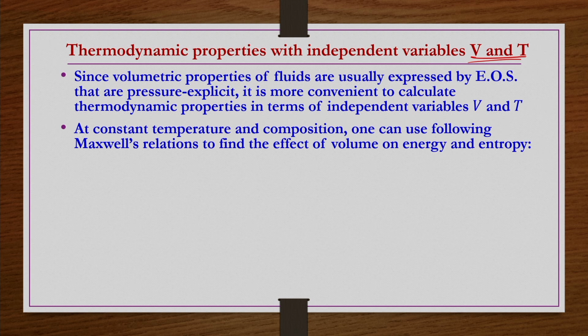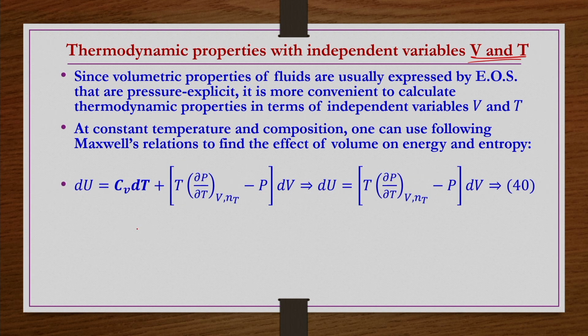Once the entropy and enthalpy were calculated, all the other thermodynamic energies could be calculated. But here it is a pressure explicit form, so we are going to see the effect of volume on internal energy and entropy. Once U and S are known, H, A, G etc. we can calculate.